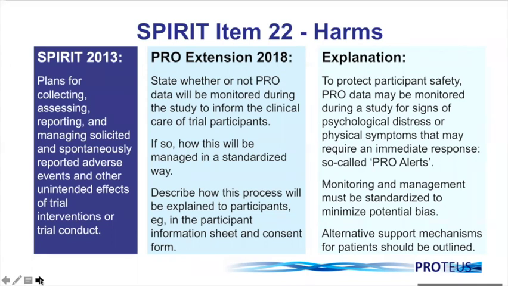That then leads to variation in what's done, which is definitely not what you want in a clinical trial. The final point here is that even if you're not going to be monitoring this data, you could provide alternative support mechanisms for patients, such as a helpline for psychological distress.